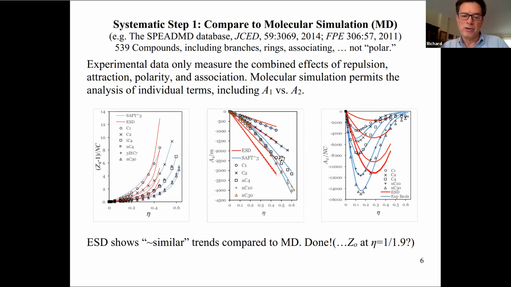The A1 term turns out to be just an average of that. Remember, we're only simulating the repulsive part of these chain molecules, so they're essentially hard spheres. They're not tangent hard spheres; they're fused hard spheres.